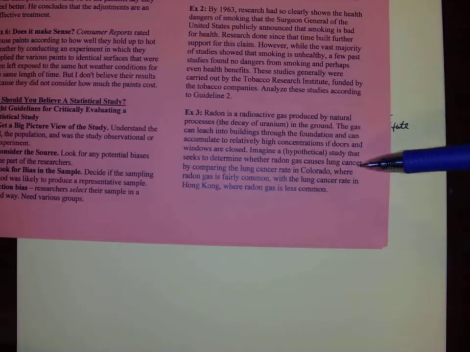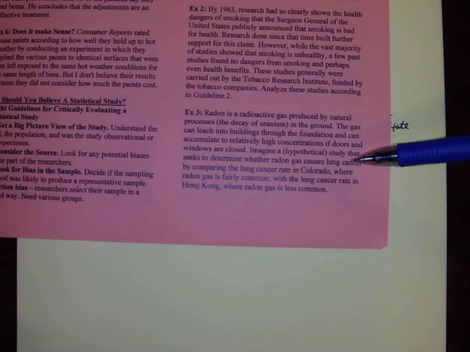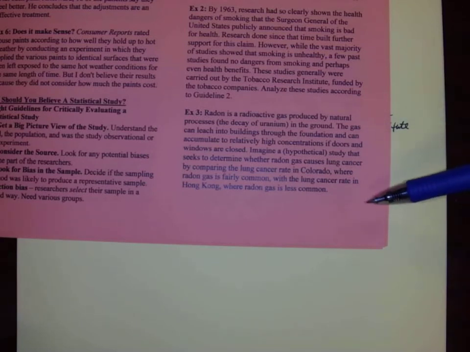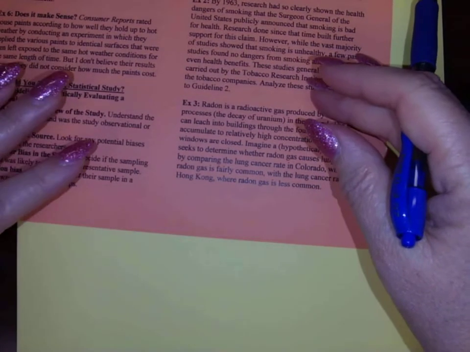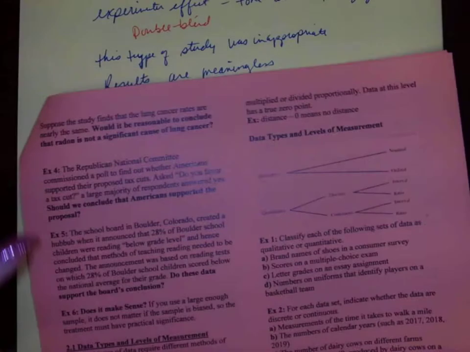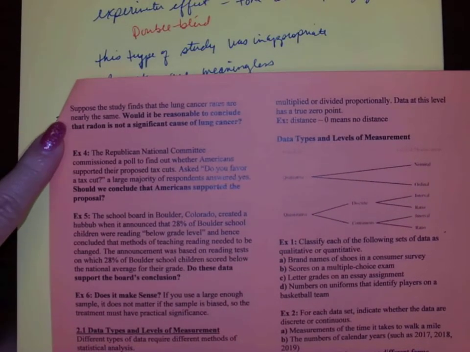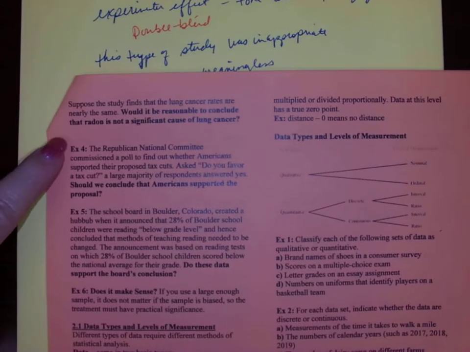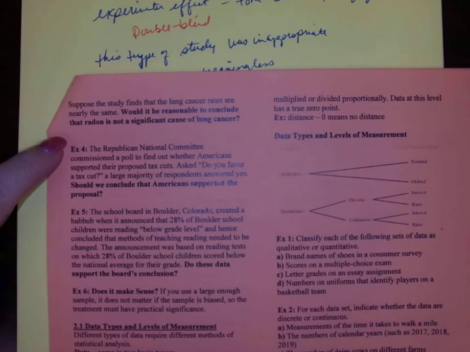Imagine a hypothetical study that seeks to determine whether radon gas causes lung cancer by comparing the lung cancer rate in Colorado, where radon gas is fairly common, with the lung cancer rate in Hong Kong, where radon gas is less common. All right, so suppose the study finds that the lung cancer rates are nearly the same. Would it be reasonable to conclude that radon is not a significant cause of lung cancer?